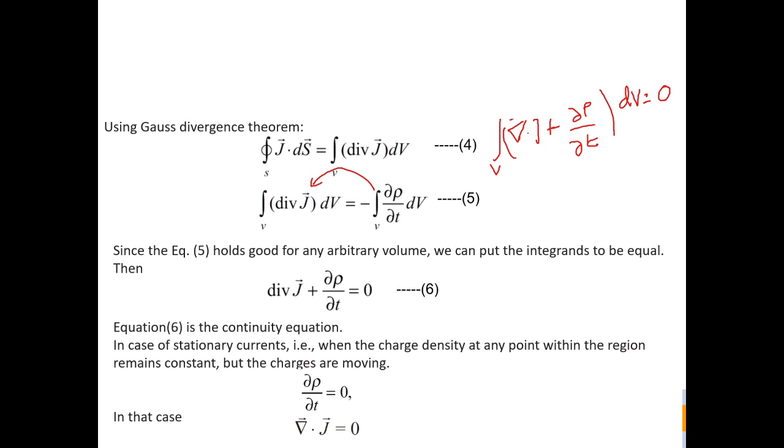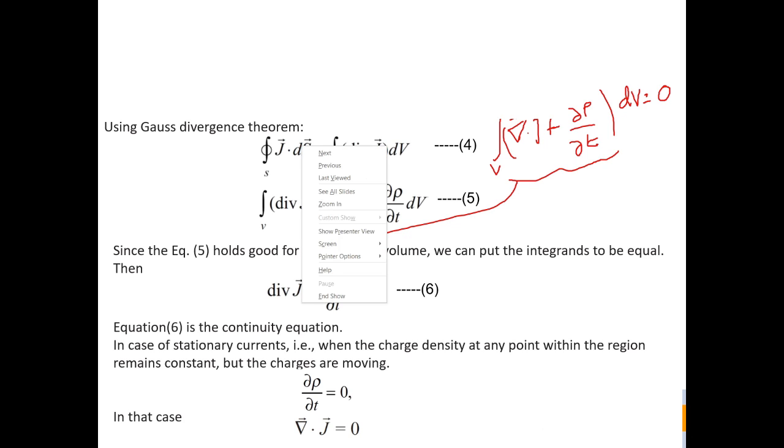And since this volume is arbitrary, this integrand, which is mentioned here, must vanish, and that gives us our equation 6, which is the equation of continuity, which is divergence of J plus del rho upon del t equals 0.